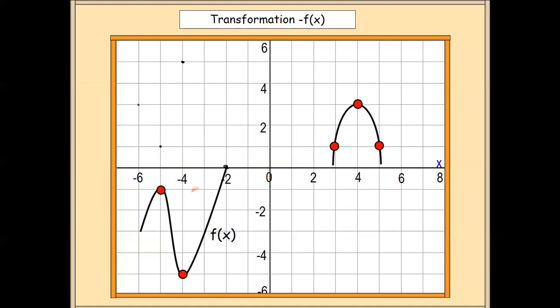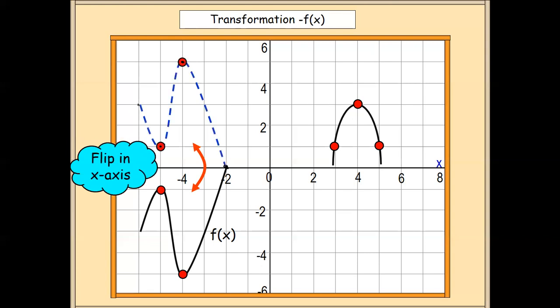So what have we done to the function? We've flipped it. It's a bit like we've taken the mirror image of the function. So that function now, we say it's flipped in the x-axis, or we've taken the mirror image of it.